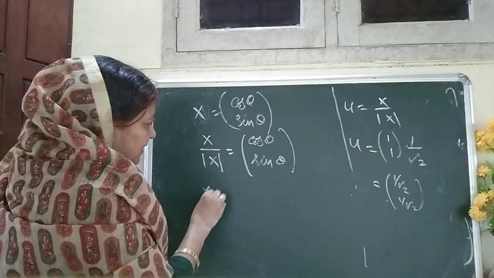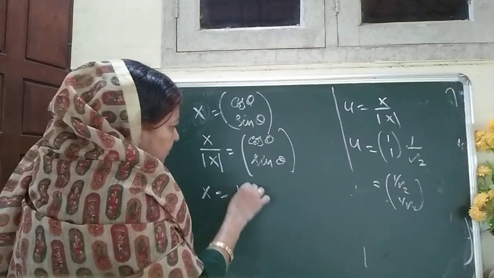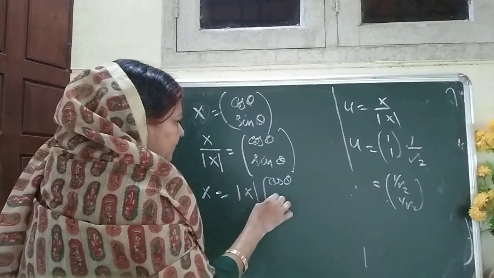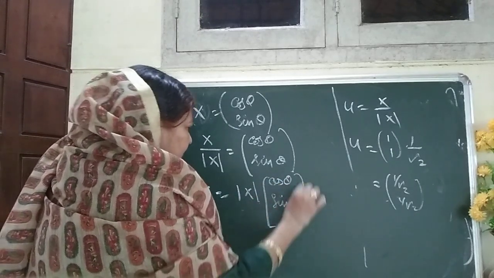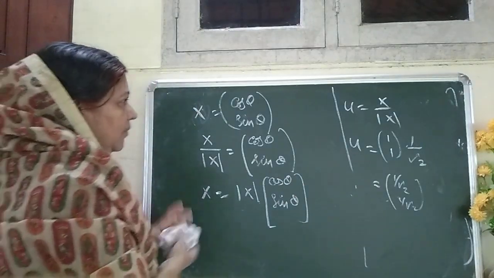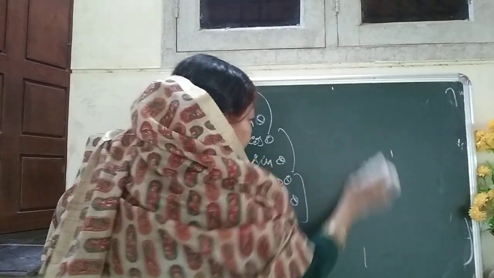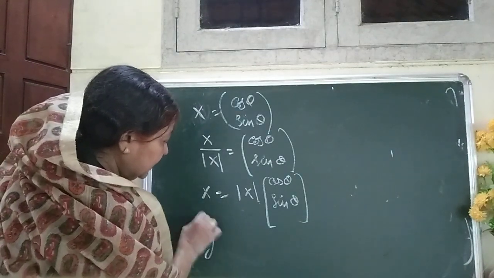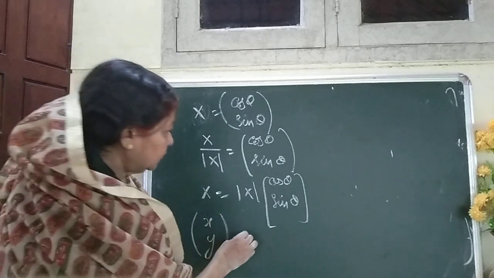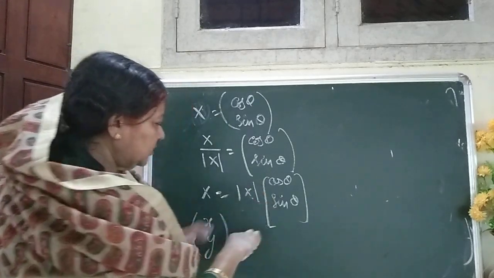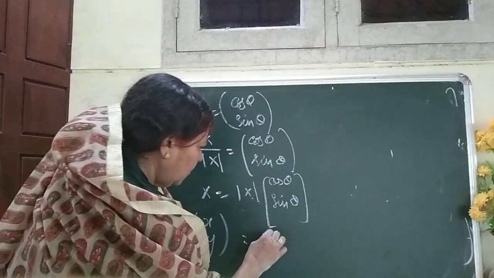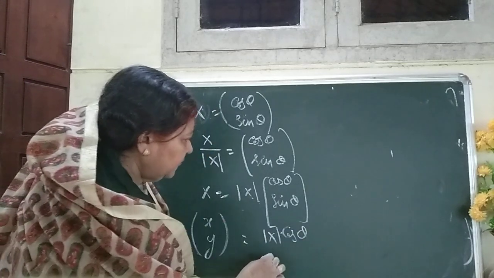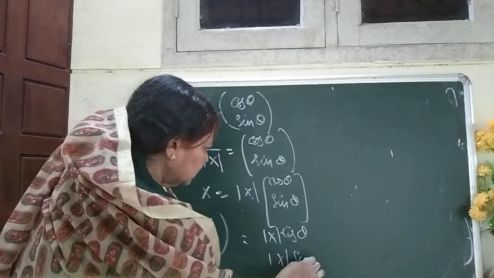But what is x? X equal to modulus of x into (cos theta, sin theta). Therefore, capital X is the vector (x, y) equal to (modulus of x into cos theta, modulus of x into sin theta).